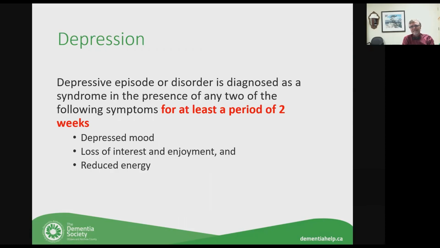And the last D, because we have the 3 Ds, and when we're talking about this, dementia, delirium, and depression. Of course, depression can look like dementia, but it comes on pretty quickly.